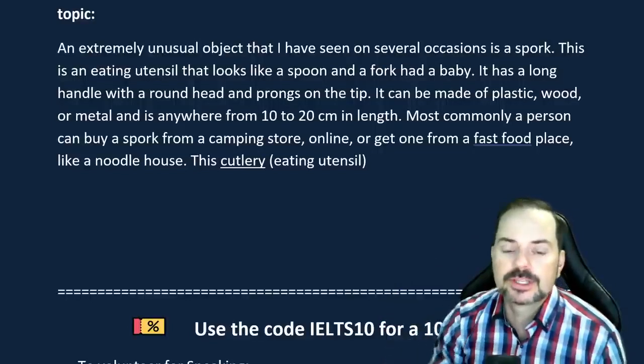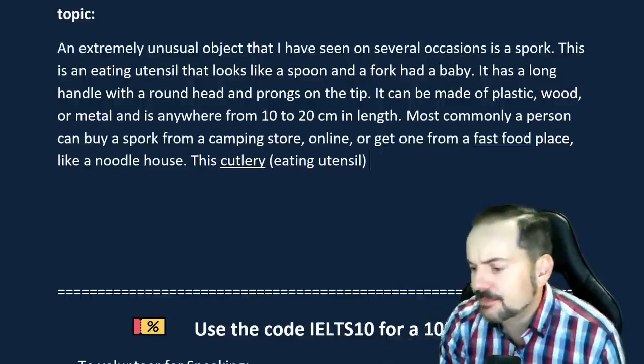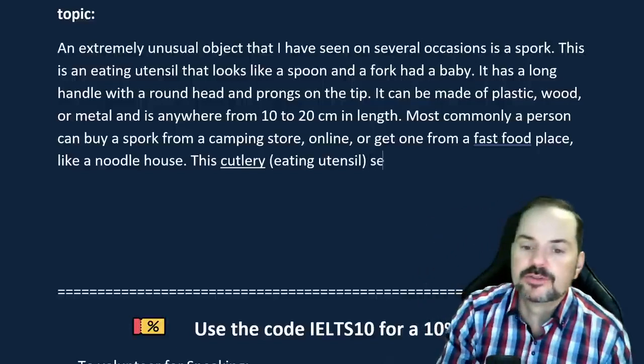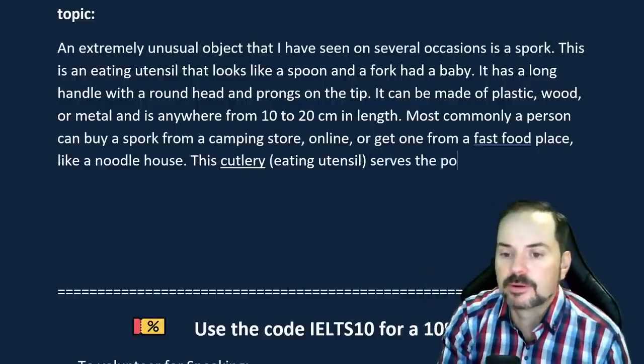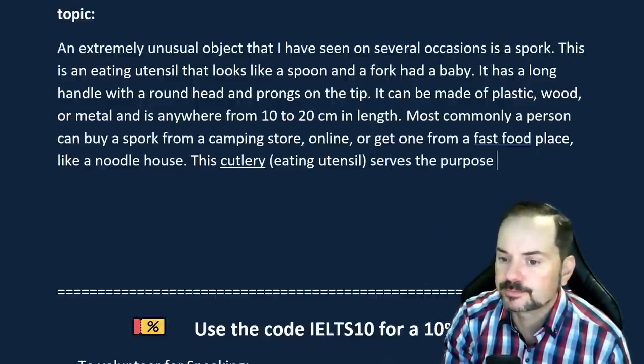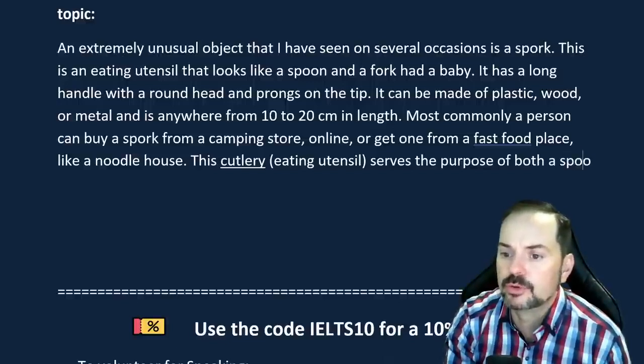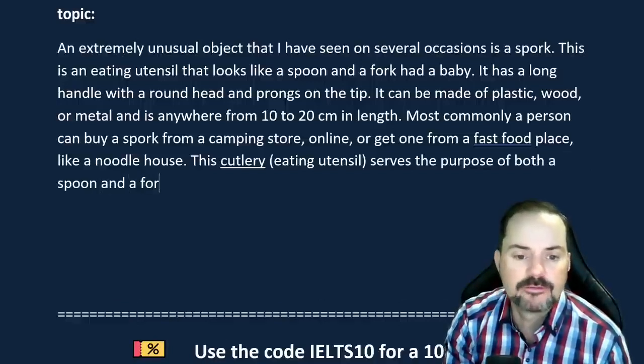Okay, so this cutlery, let me steal a little bit from you here, Rajveer, serves the purpose of both a spoon and a fork.